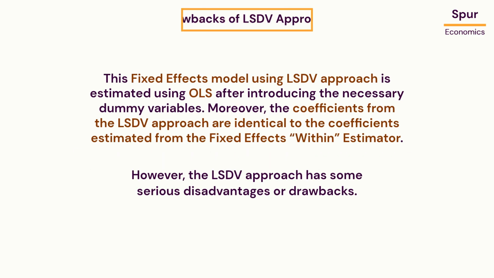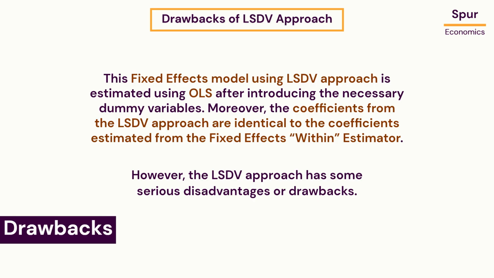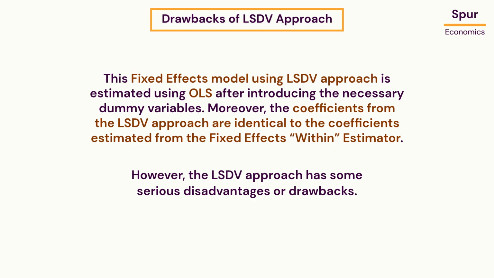This fixed effects model using LSDV approach is estimated using OLS after introducing the necessary dummy variables. Moreover, the coefficients from the LSDV approach are identical to the coefficients estimated from the fixed effects within estimator. However, the LSDV approach has some serious disadvantages or drawbacks.